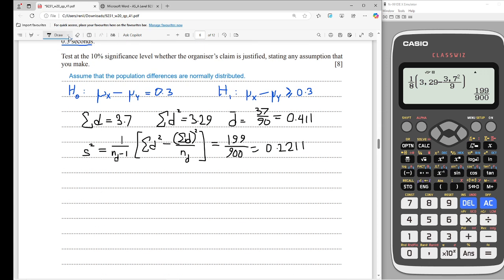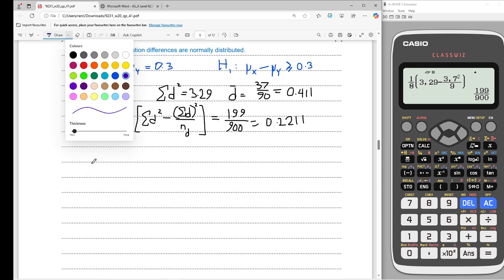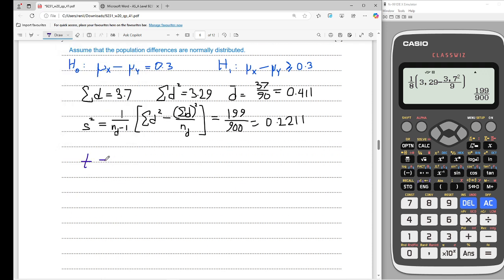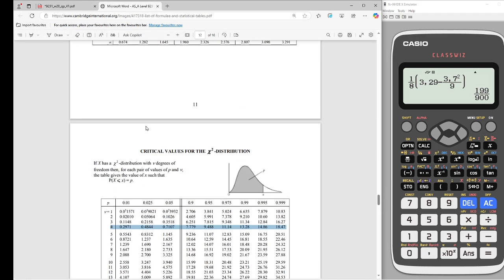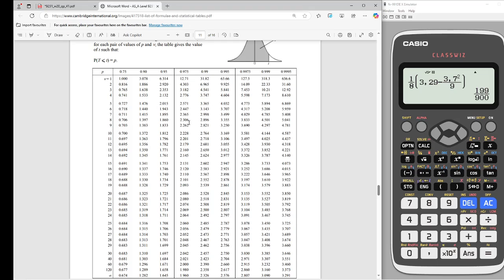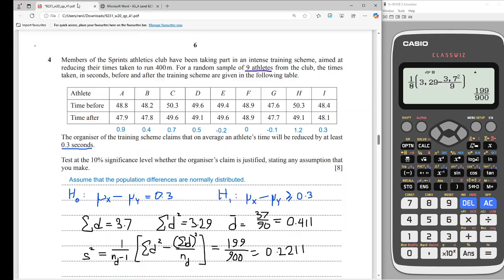So to find our test statistic, T is equal to, first of all we write it as T, we don't write Z. The reason is because we have a small sample, 9 athletes, and this is visible in our T distribution critical values.